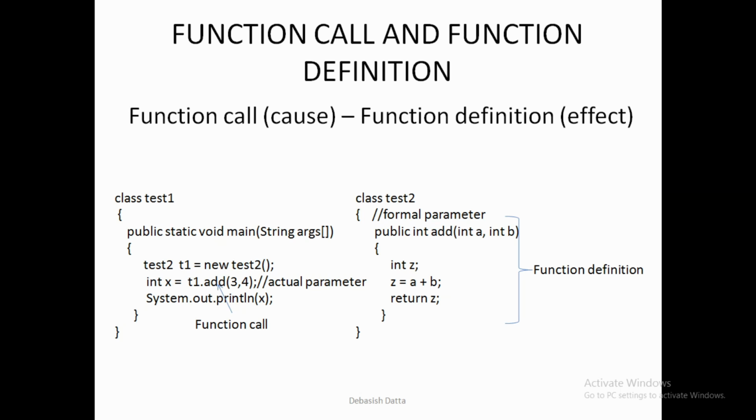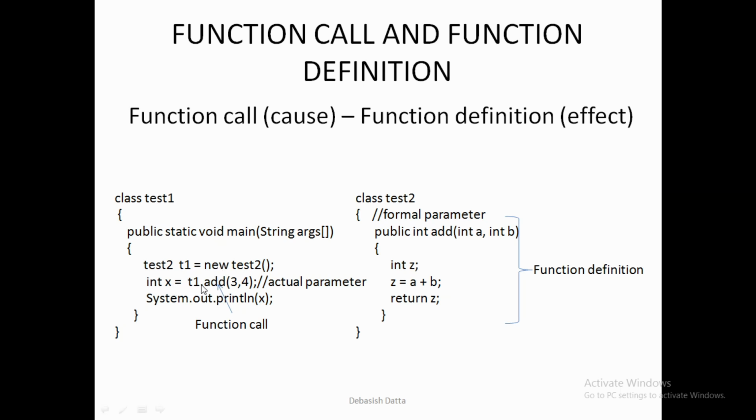In this slide, we are going to discuss a very important concept of Java programming: how a function works in Java programming. Before going into the details, we should know that there are two aspects of using a function in Java programming: function call and function definition.